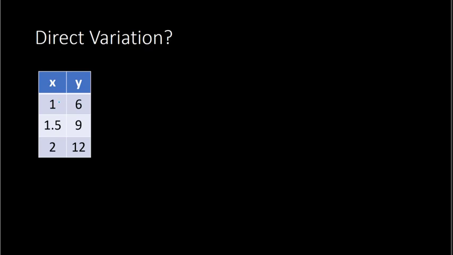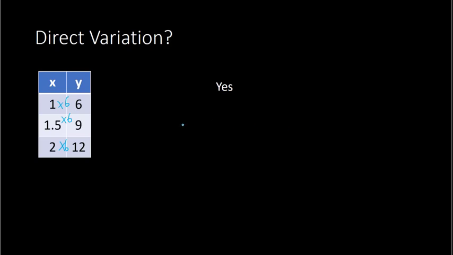So like 1 times 6 would give me 6, right? Check that for the other ones. Is that pattern true? Well, 2 times 6 would be 12. We know that. 1.5 times 6 would equal 9. Alright, so because we're multiplying by the same thing each time, yes, this would be a direct variation.